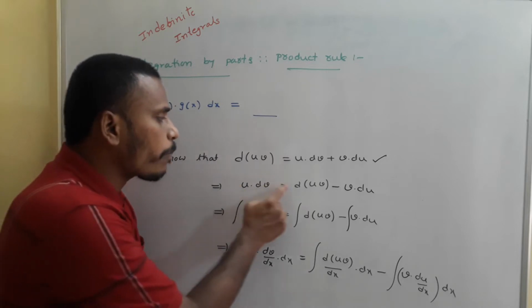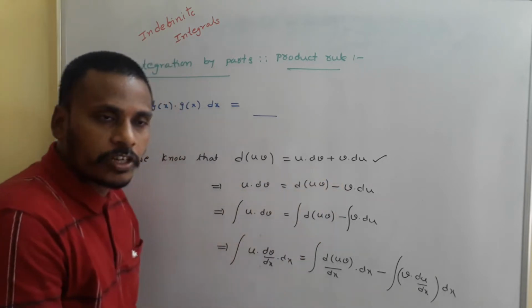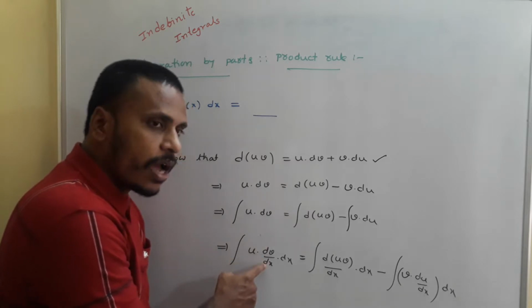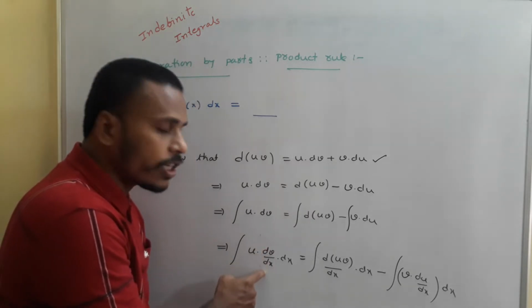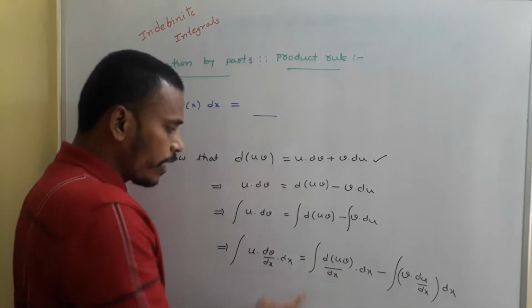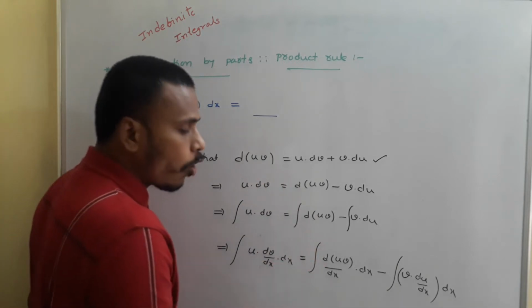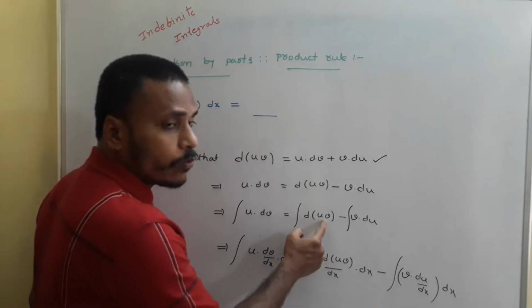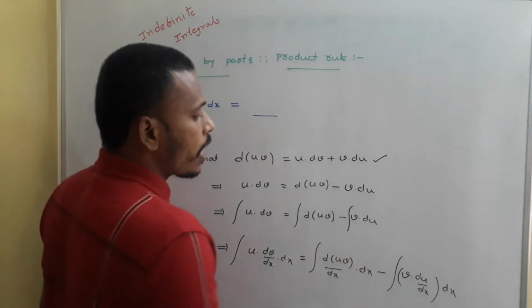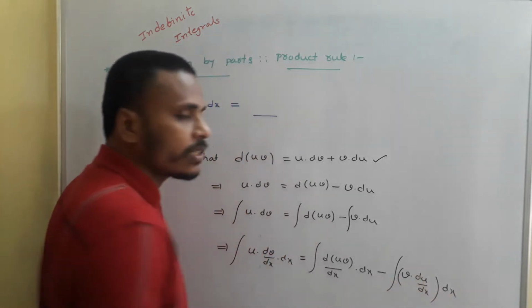So now you apply integration with respect to x for each and everything. The integration of u dv by dx, and this differentiation is with respect to x as well, is equal to the integration of the derivative of uv with respect to x, and the integration is also with respect to x. And now the integration of v du by dx.